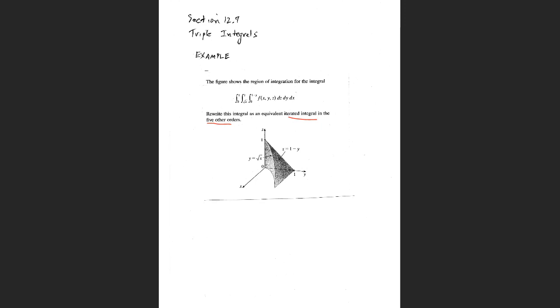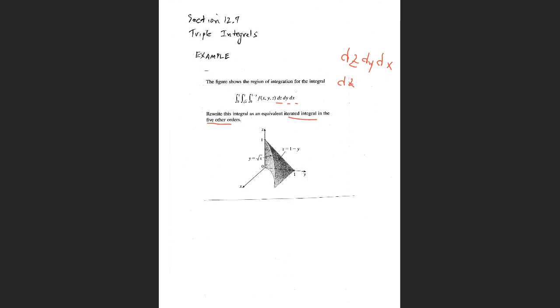So for instance here, you have dz dy dx. Those are the orders of integration. What would be natural to come next after dz dy dx?